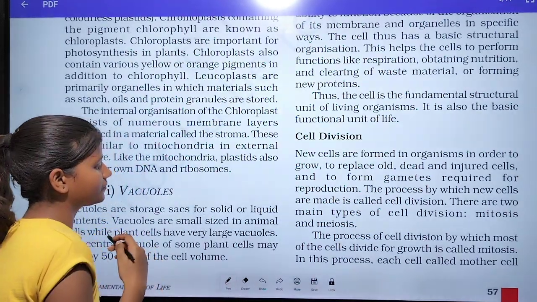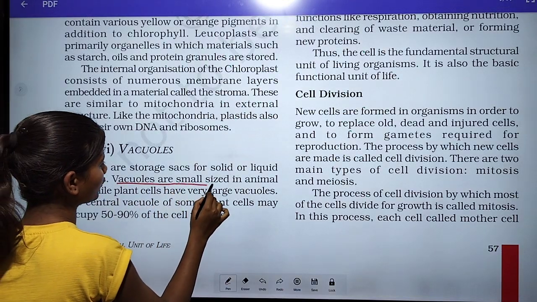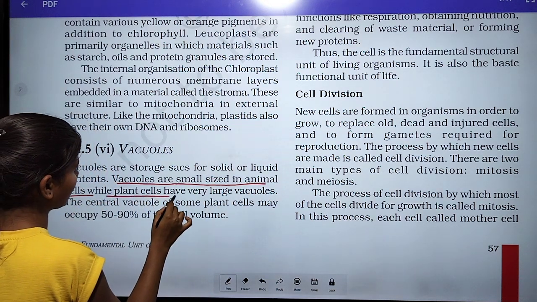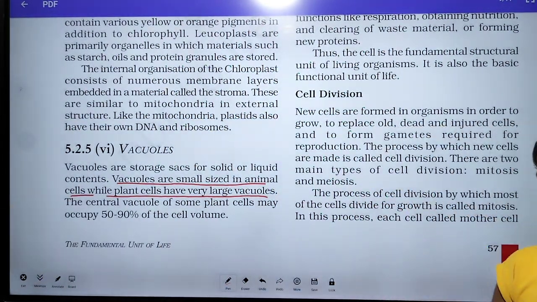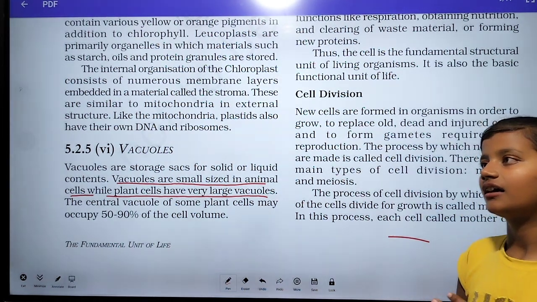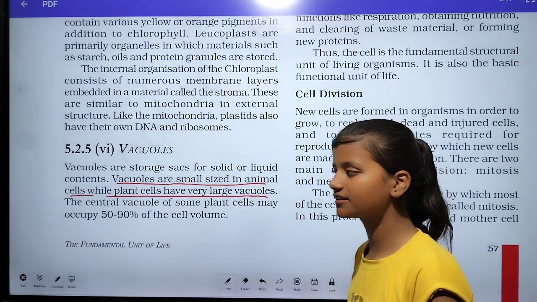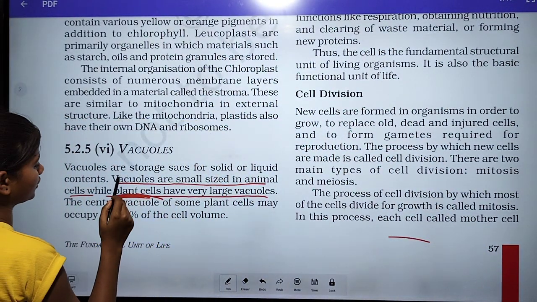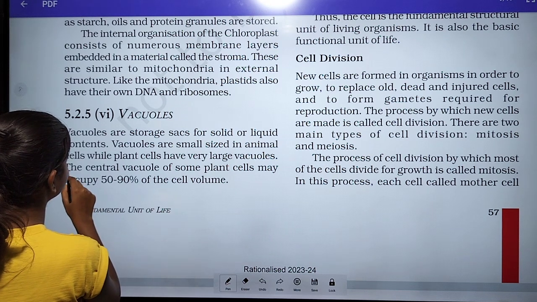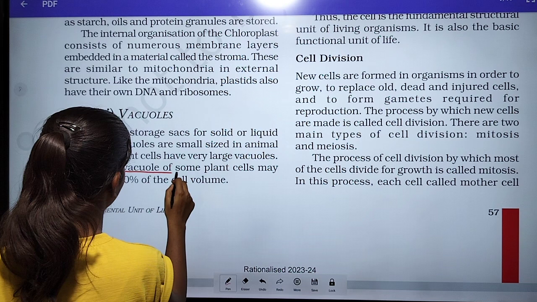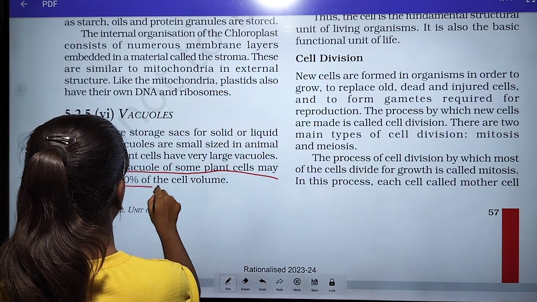Vacuoles are small in animal cell, while plant cells have very large vacuoles.